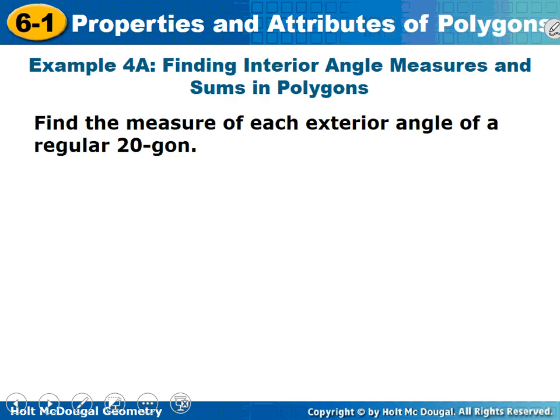And so now look at this next problem. What are the key words? Each. What else? 20 gon. What else? Exterior. Regular. So if it's regular, what do we know about all the angles? They're the same. If it's exterior, what do we know about the sum of all the angles?